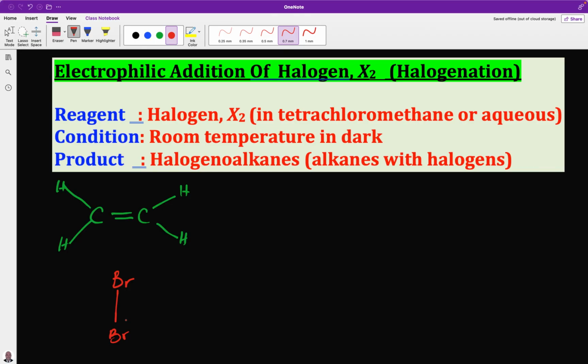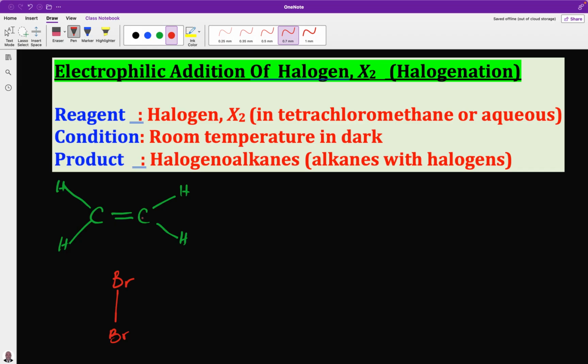Now, there is one thing you have to remember. The ethene molecule is not polar. The bromine molecule is also not polar.